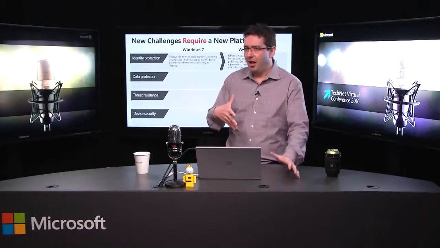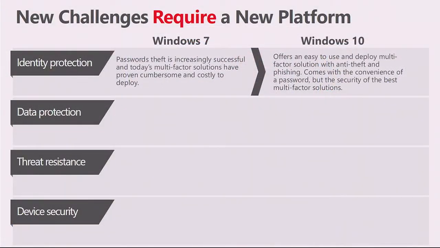So, generally speaking, these new challenges really require a new platform. And Windows 7 is a great platform, but it was designed quite a long time ago, in terms of the security posture that we see today. So what we're going to go through in the rest of this presentation is we're going to talk about some identity protection stuff.